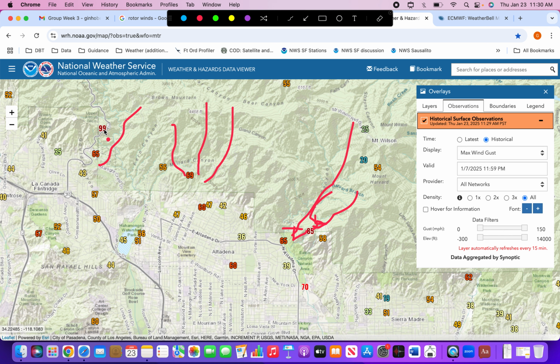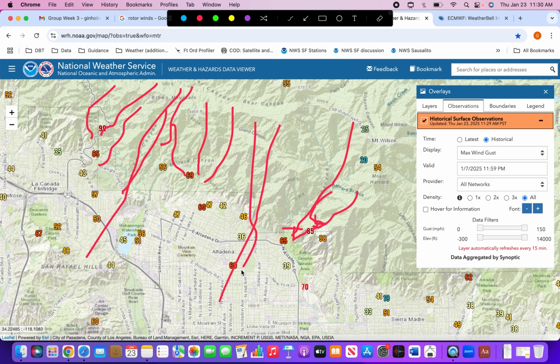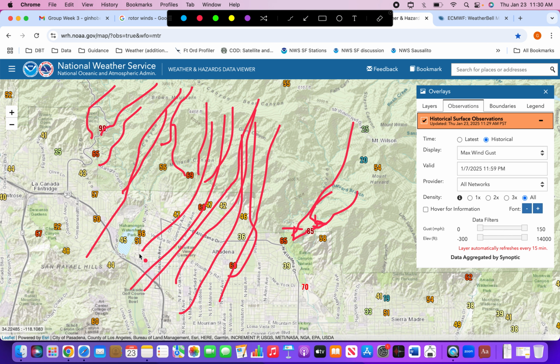Of course there was a 99-mile-per-hour gust here, because of the canyons and how they direct this wind and just funnel it, accelerate it as it moves into these communities. The Altadena area is also right at the bottom of these canyons. And these winds are just brutal.